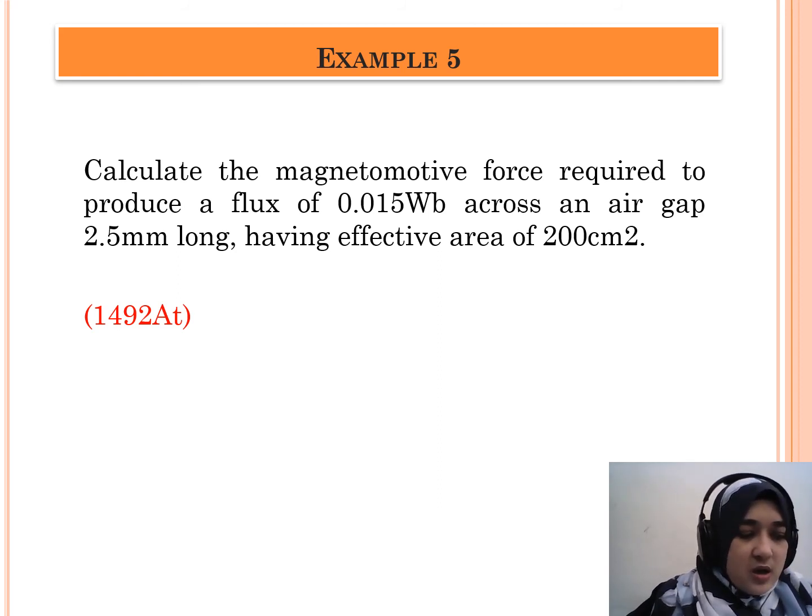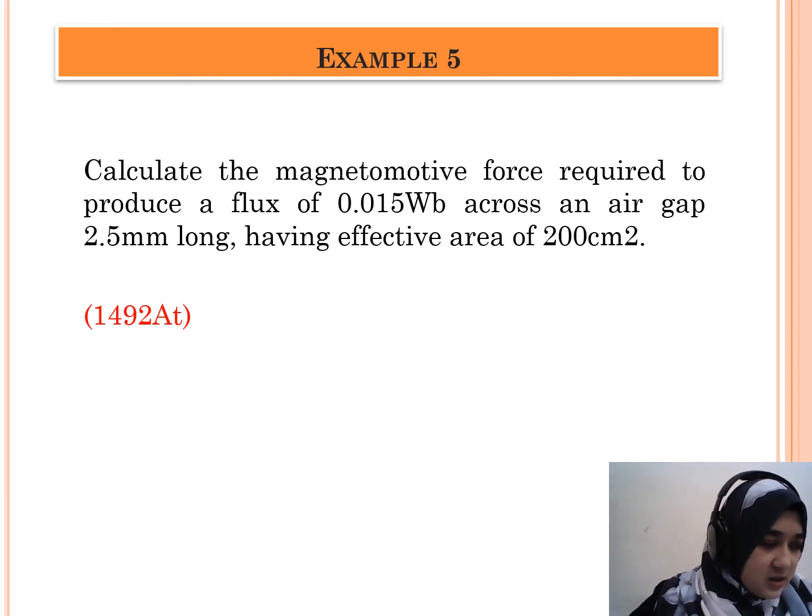So MMF, also F, equals phi R, where phi is equal to 0.015, and R is L over mu air gap, mu naught. Okay, mu air gap is 1, so just L over mu naught times A. You should get the answer of 1492 ampere turns.